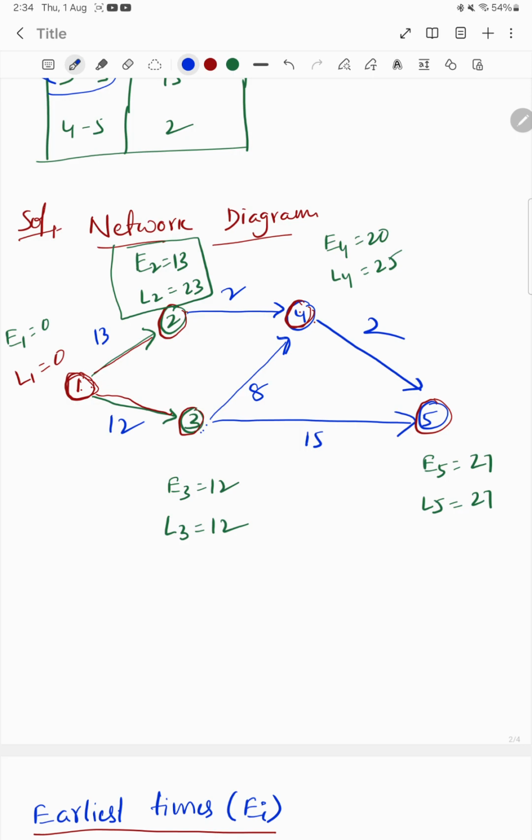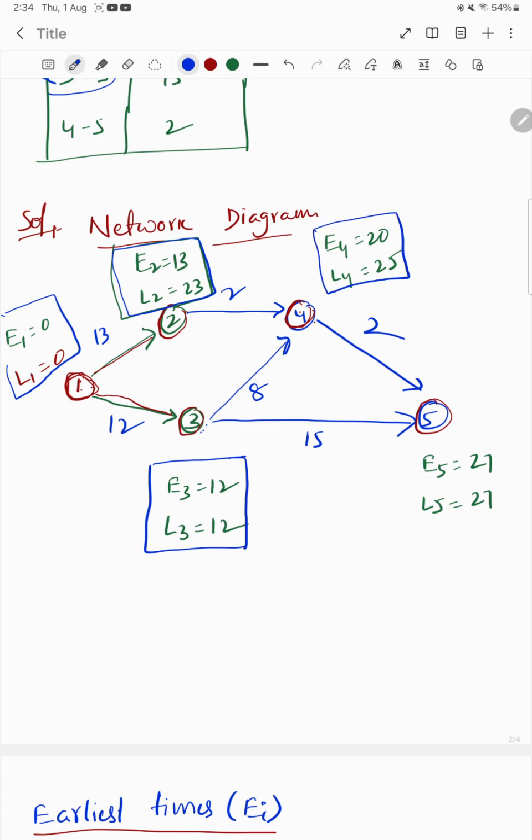Now we have E1 L1, E2 L2, E3 L3, E4 L4, and finally E5 L5. So for all the 5 activities we have obtained the earliest times and latest times.